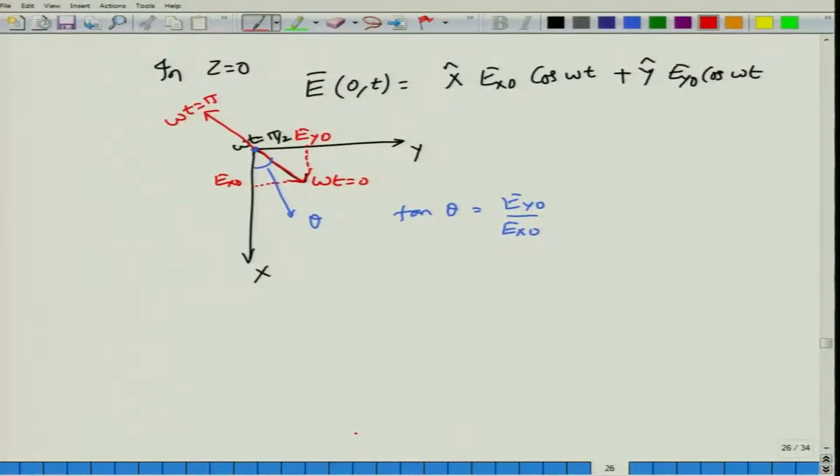What will happen at 3 pi by 2? Cos 3 pi by 2 is 0, which means it would again be back at the origin. So if you look at what is happening, the wave is executing a motion such that it initially starts off at this point, goes through the origin, goes through the pi point and then comes back.